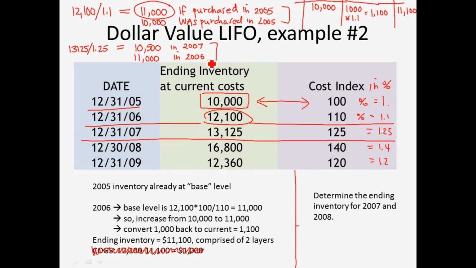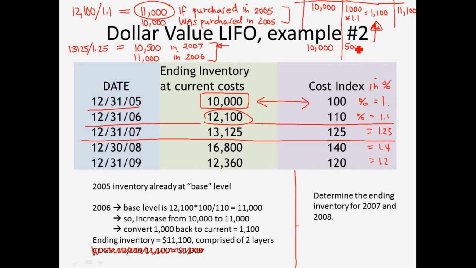Which stuff that I had on hand did I sell? LIFO, right? I had to have sold the last in, so I sold the stuff that I bought here. Okay, so now we're kind of on target. So I have 10,500, which means I still have this 10,000, but now I only have 500 of these guys left.